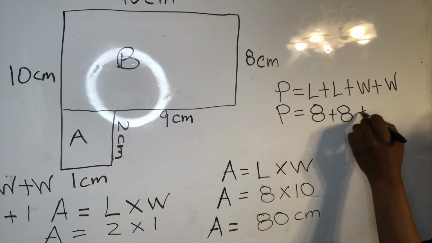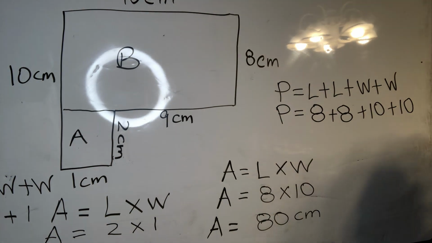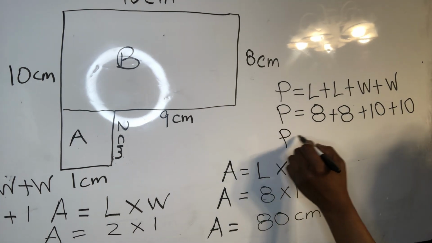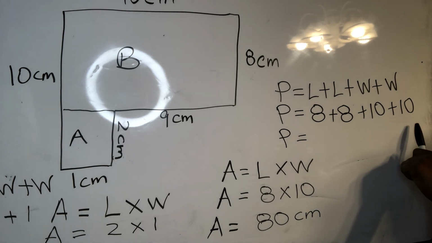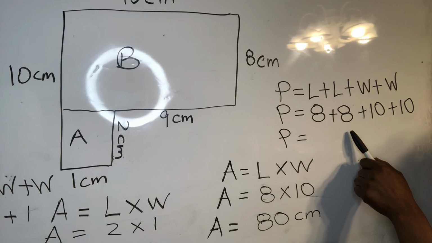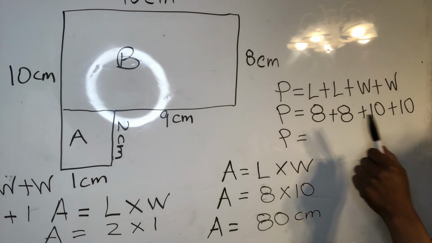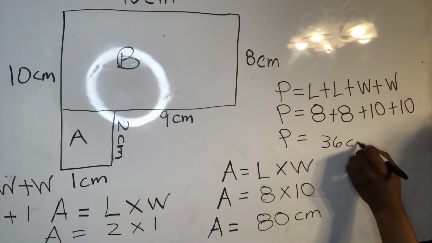And then we said our width is 10, so that's 10 plus 10. Then we're going to do that math, and I like to start with the tens. So 10, 20. Then 20 plus 8 gives you 28. And then 28 plus 8 gives you 36 centimeters.